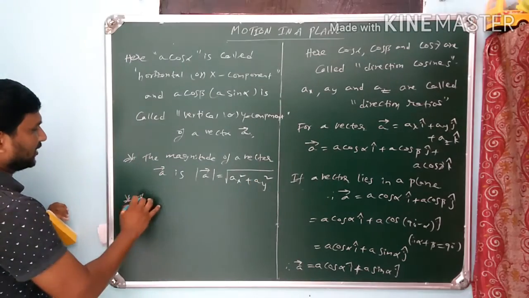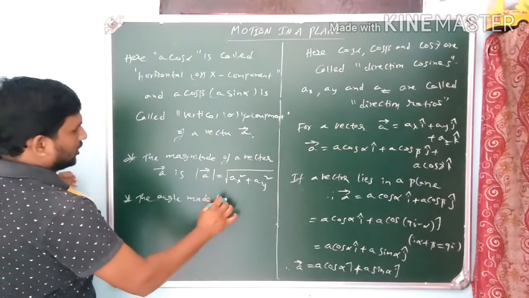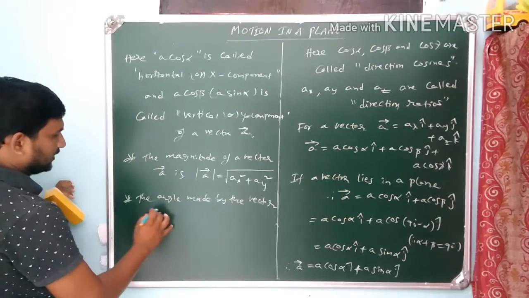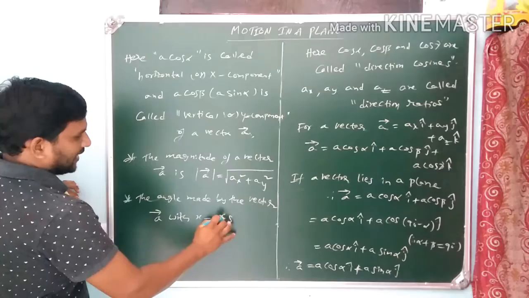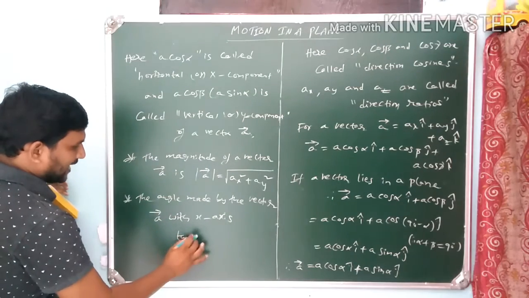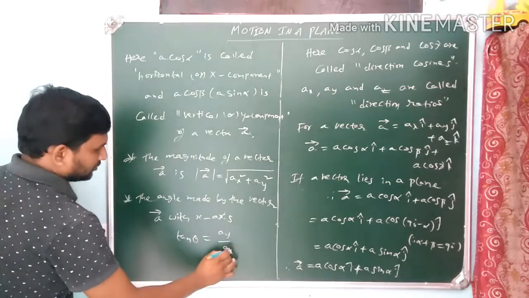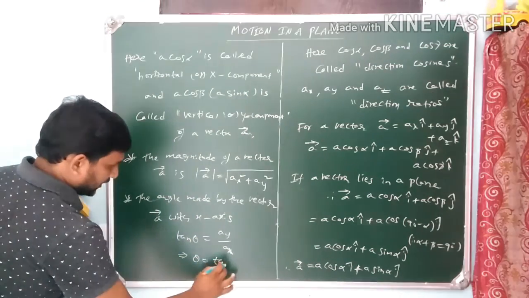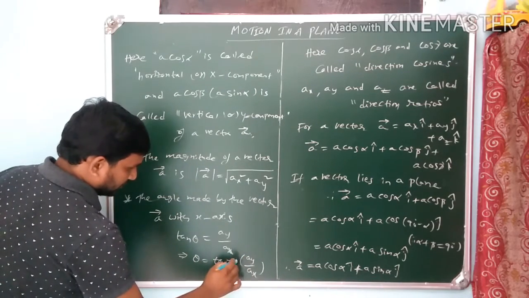Now the angle made by the vector a bar with the x axis. Let us recall the first diagram. From that, tan theta is equal to ay by ax. From that, theta is equal to tan inverse of ay by ax.